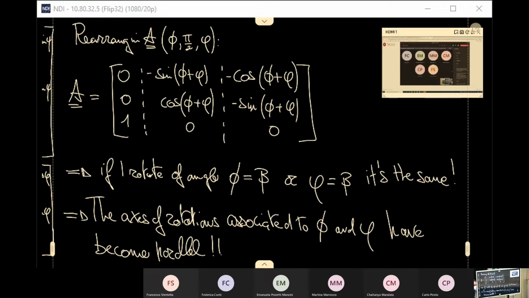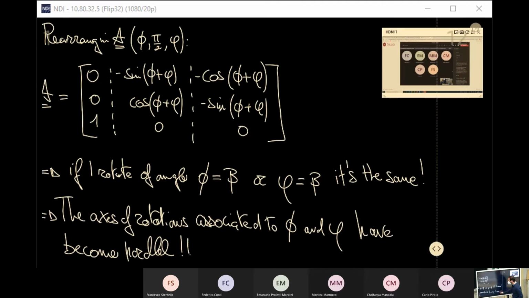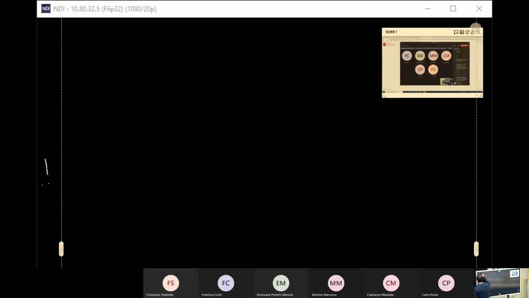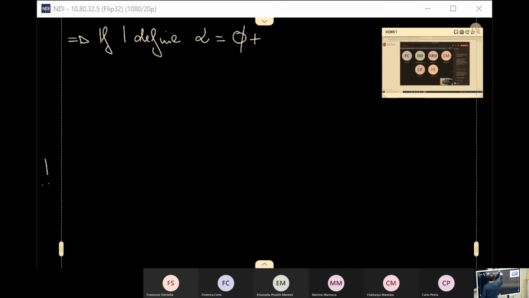And again, this is a problem because I can no longer describe any possible orientation. If I define alpha equal to phi plus psi, A becomes what we have seen, right?